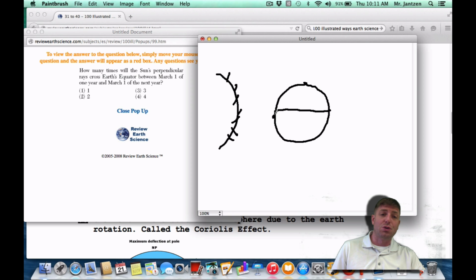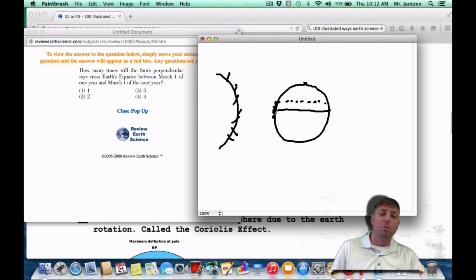Then on March 21st, the spring equinox is going to hit the equator. Then here's the most direct rays in April. And the most direct rays in June. June 21st is going to be like the Tropic of Cancer, okay? Then you're going to have it in, obviously July, and then August, and then September 23rd, it hits it again, so now I'm up to 2 times.